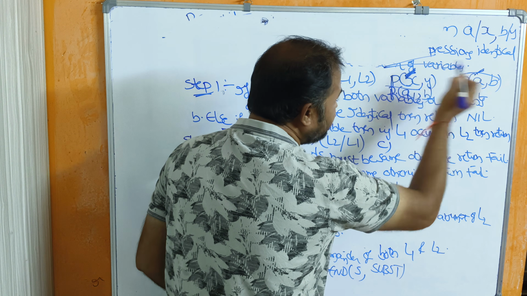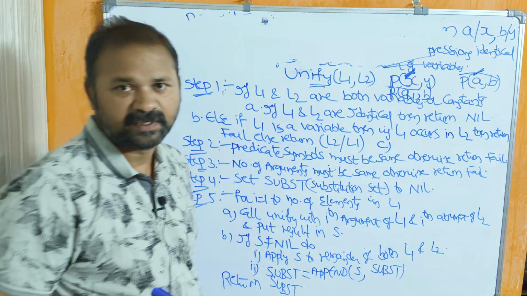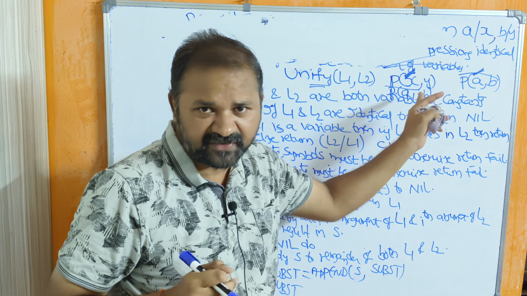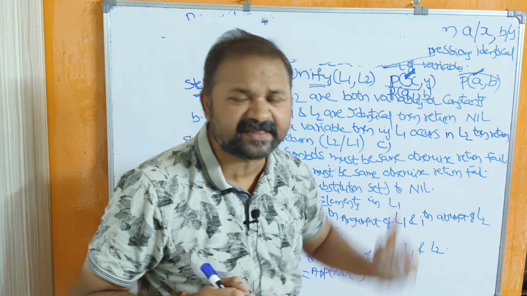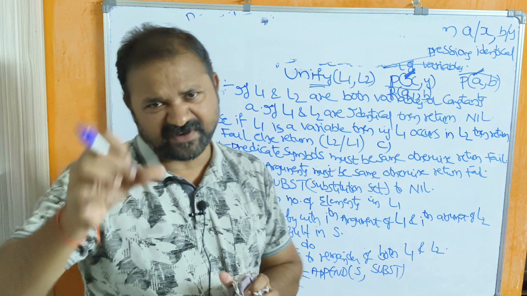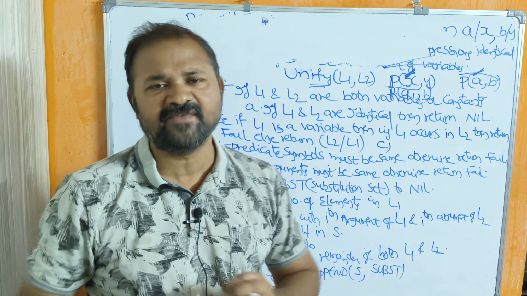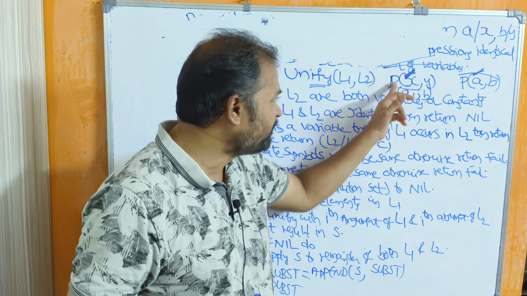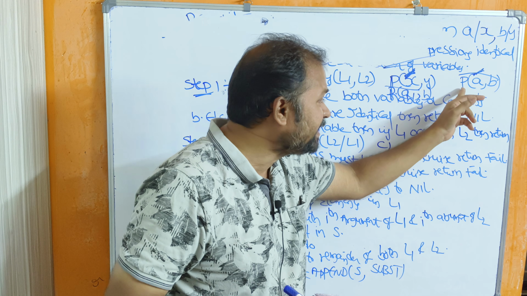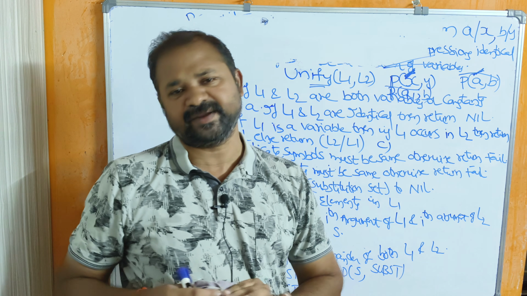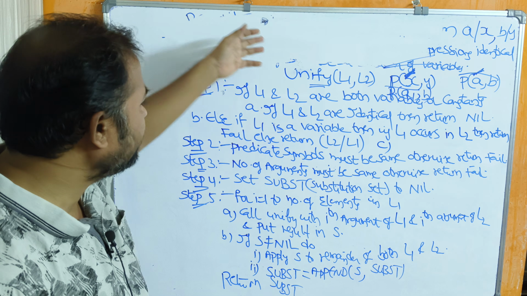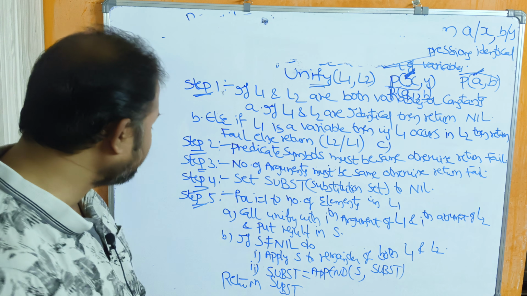So we are comparing x with a. In the next iteration, the second argument of the first predicate will be compared with the second argument of the second predicate. So in the first step, L1 is predicate 1's first argument and L2 is predicate 2's first argument. Let us see the steps. Totally, in this algorithm we have 5 steps.